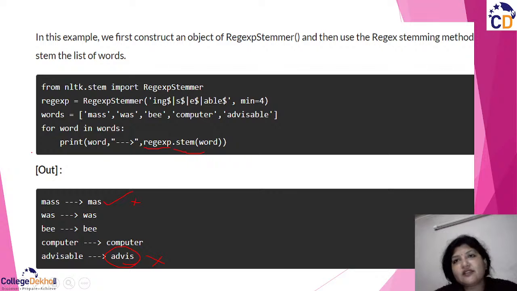So in my next session, I will be telling you about lemmatization. In lemmatization, we follow the same process. We are removing the affixes in lemmatization also, but the base form of the word would be a meaningful word. This is the difference between stemming and lemmatization. I will tell you the differences, not only a single difference.